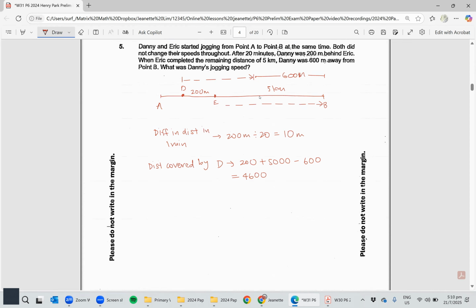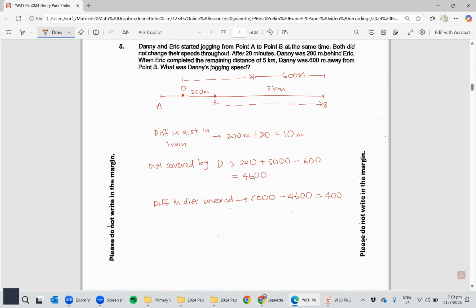The distance covered by Eric is 5,000 meters, right? So what is the difference? I'm trying to use the difference in 1 minute. So the difference in distance covered would be 5,000 minus 4,600, which is 400 meters.